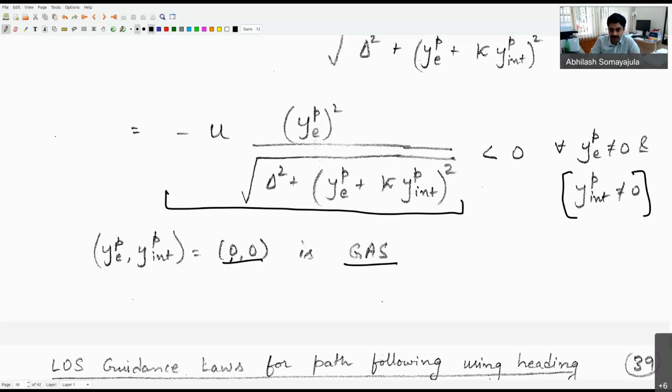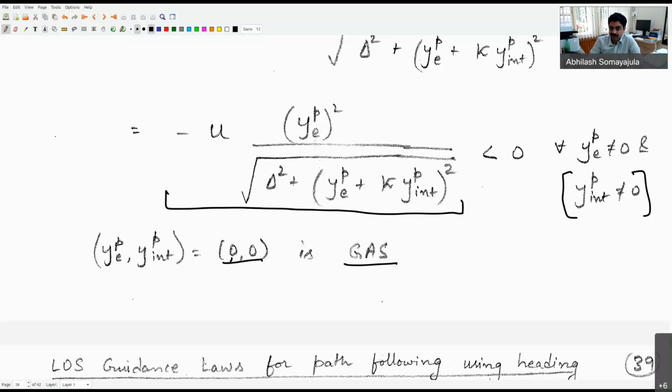But again, we can apply the same methodology as before. You remember that we were looking at what are the points at which V dot will be equal to 0 and what is the invariant set of it. We'll find that the only invariant set for this will be when YP int is actually equal to 0.